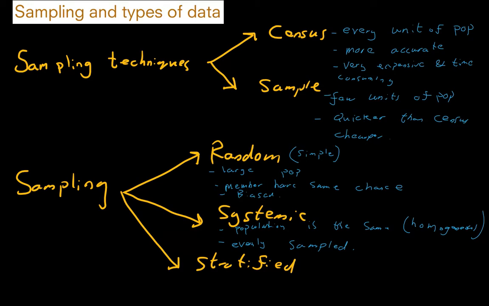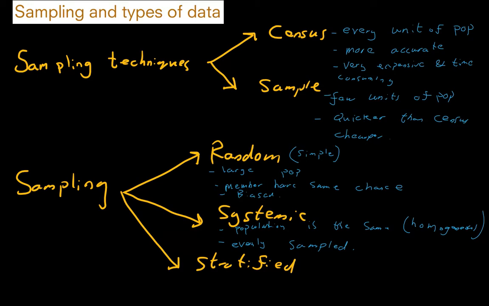An example of systemic sampling is we're going to ask everybody between the ages of 20 and 30, or we are going to ask every 20th person who comes into a shop, or we're going to ask all the females.